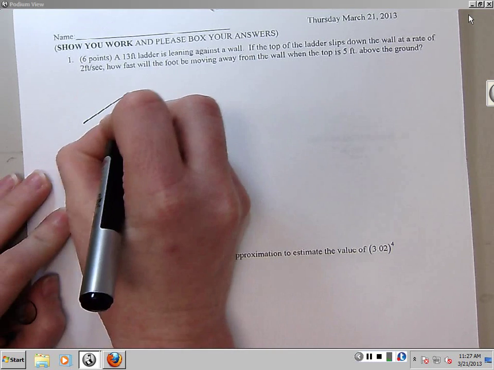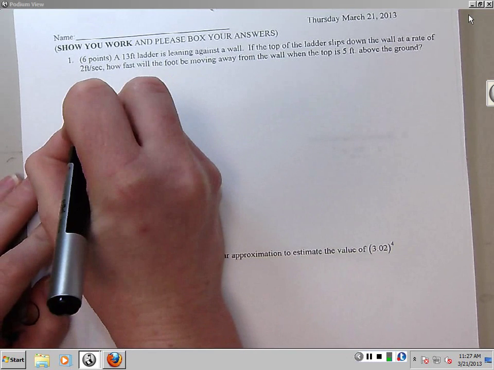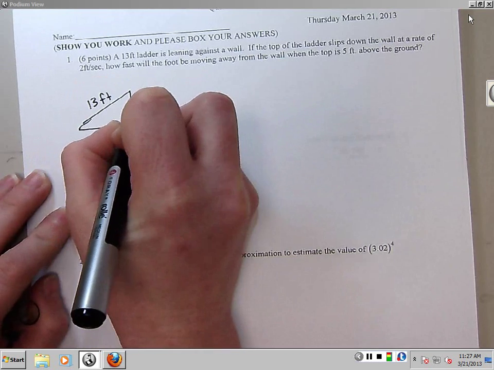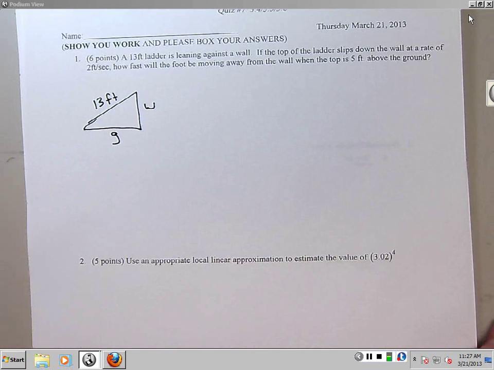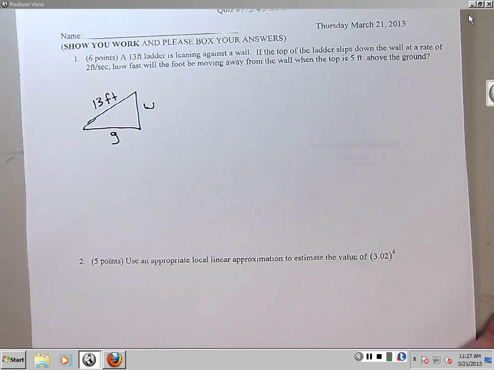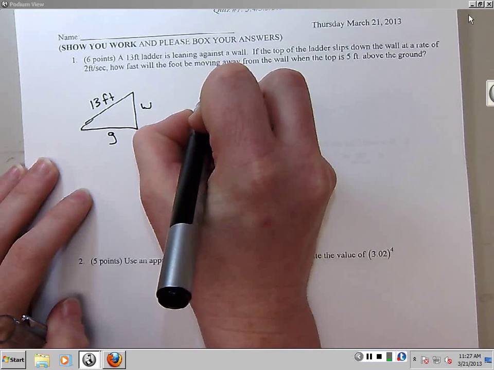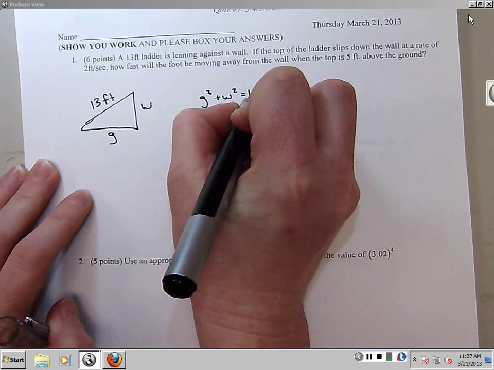So the setup of this problem, I have a ladder that's 13 feet long up against a wall and the ground. So I can call the wall side W and the ground side G. So G squared plus W squared is 13 squared.